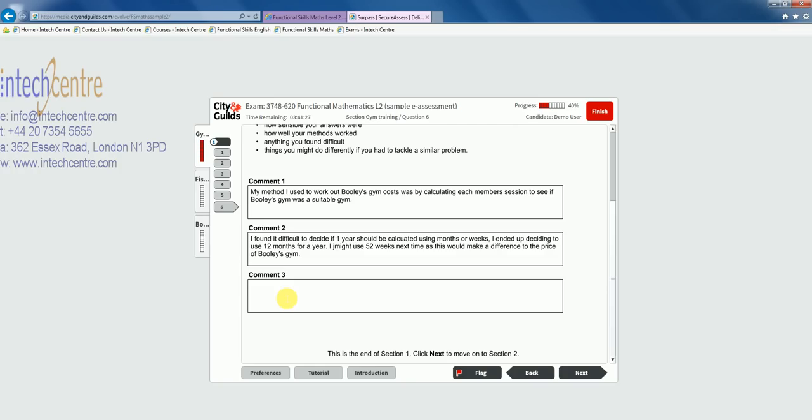So it was sensible to round up subscription to 2 decimal places, as I was working with money. You could also say you could have rounded the subscriptions up to pounds, and an even number would be better, or a round pound number would be better. So you could say that if that's what you did.